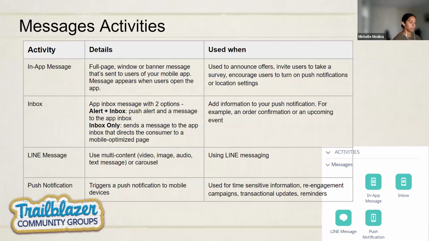And then we also have push notifications. So push notifications trigger a push notification to mobile devices of your app users, right? Those are typically used for time-sensitive information, re-engagement campaigns, transactional updates, any reminders are good examples of when to use push notifications.